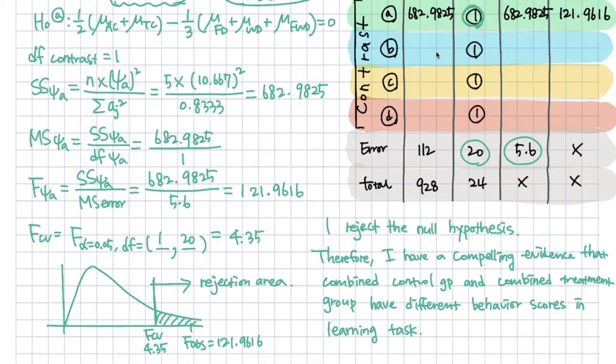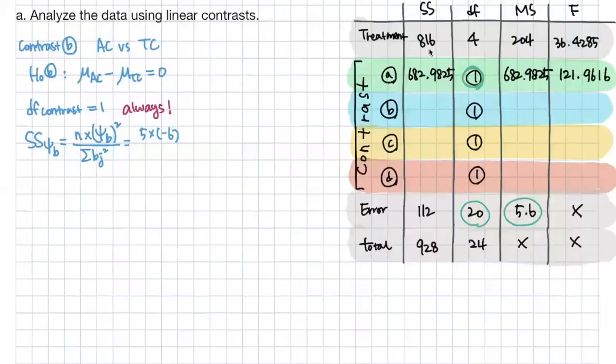I'm gonna show you how to do contrasts B, C, and D in this video. Contrast B is comparing the AC group versus the TC group. So the null hypothesis for contrast B was mu of AC minus mu of TC equals 0. DF contrast is always 1, so I wrote the 1 here.